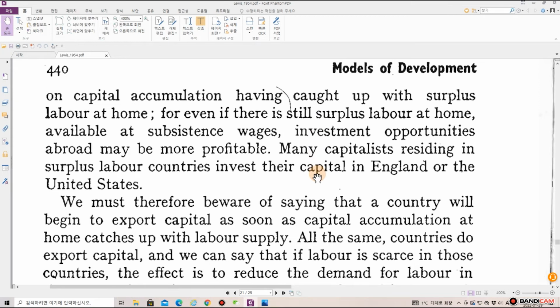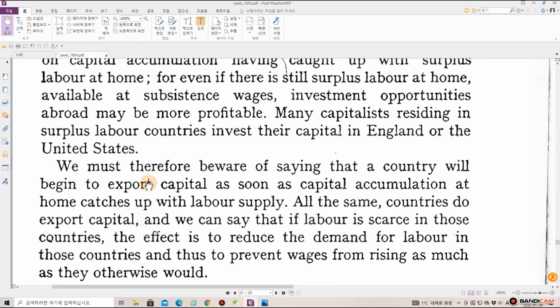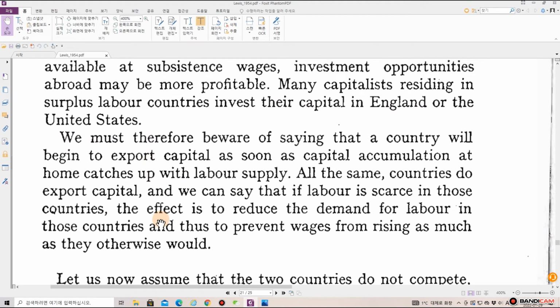For even if there is still surplus labor at home available at subsistence wages, investment opportunities abroad may be more profitable. Many capitalists residing in surplus labor countries invest their capital in England or the United States.